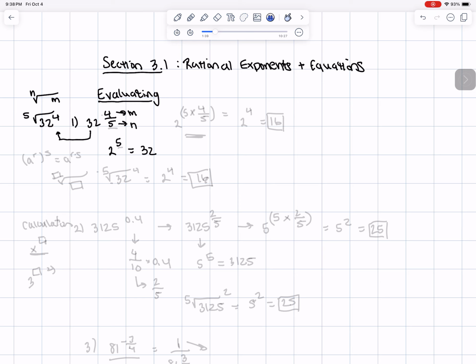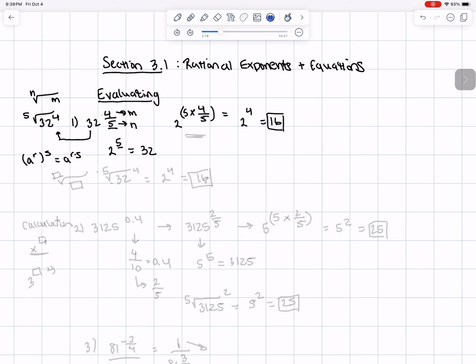One of the rules from properties of exponents from our textbook is (a^r)^s equals a^(rs), so we can multiply this exponent times this exponent. That's 5 times 4 over 5, which comes out to 4. So it's 2 raised to the 4th, which gives me 16.